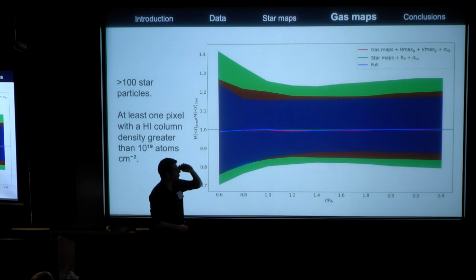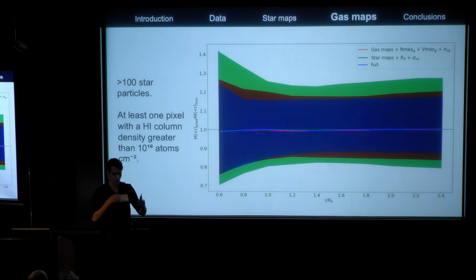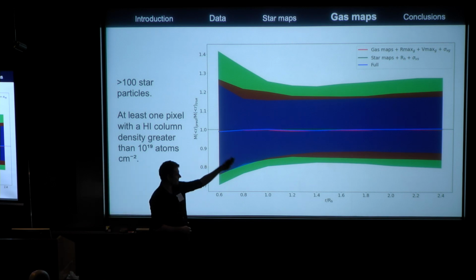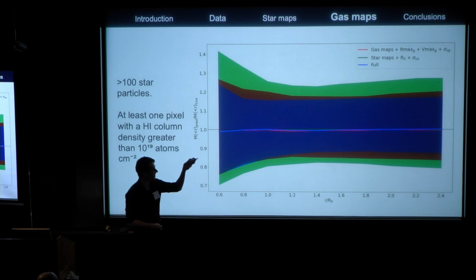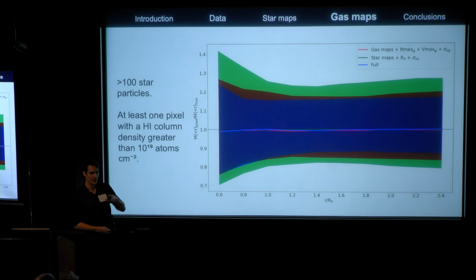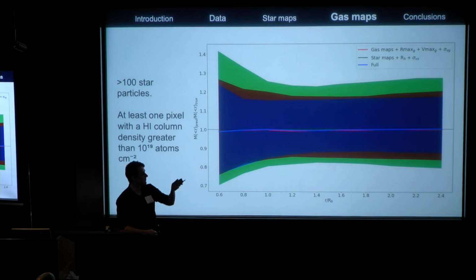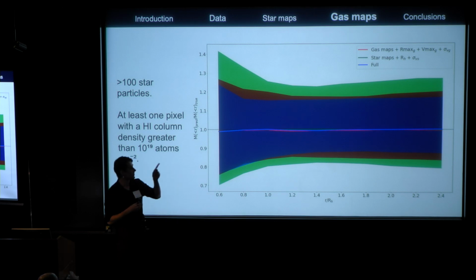So when you only use star maps, so the 2 channels of the star maps and some global parameters like the Hadar radius and the mean velocity dispersion, you don't have any bias, really, but the dispersion is very bad. In fact, it's worse than what I had when only trying to infer the inner slope. I don't know why. But then when you use the gas information on 3 channels for the gas maps and global information of the gas, the dispersion is lower.